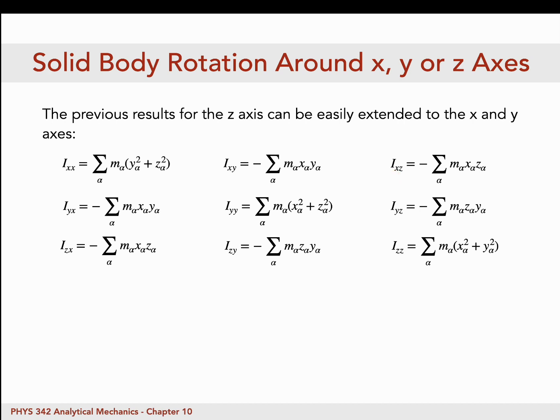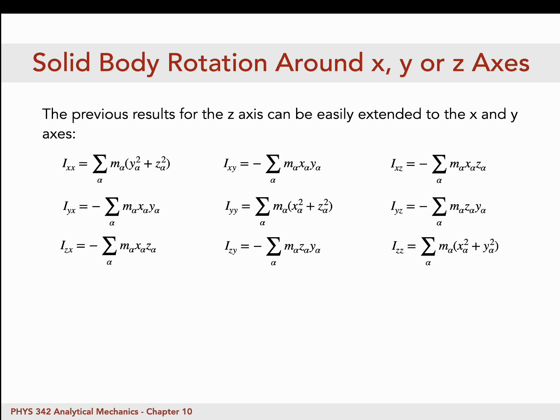So I've written it so that the rows correspond to having the same component of angular momentum. There's an x in the first index for each one of these, then y on the middle row, and then z in the last row. The columns are for the angular velocity components. The first one is for rotations around the x-axis, the middle is rotations around the y-axis, and the final one is rotations around the z-axis.